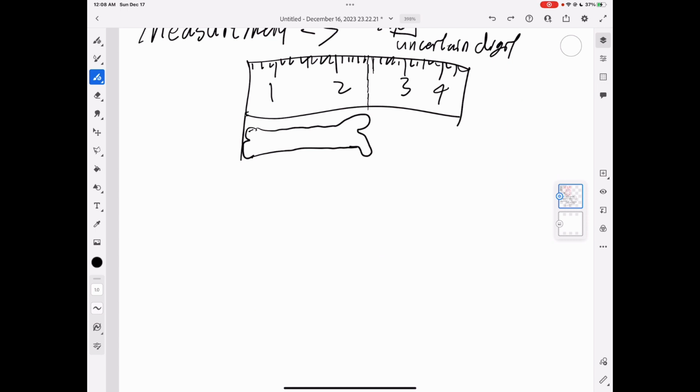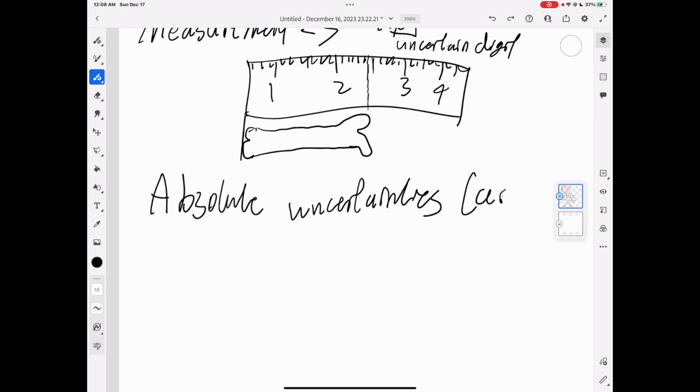So, how does this factor in to precision and accuracy? Well, we have a thing called absolute uncertainties, and this is basically a range.